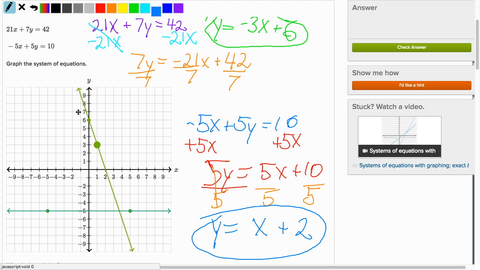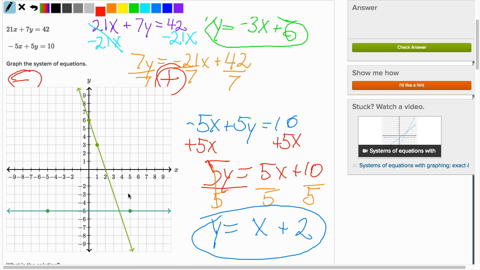We can also think of it as a vertical component of 3 and a horizontal component of 1, and we know that the line needs to point off in this direction because that is our negative side. If we point a line over here, it's a positive slope. We need a negative slope for this, so we'll leave that pointing this way.